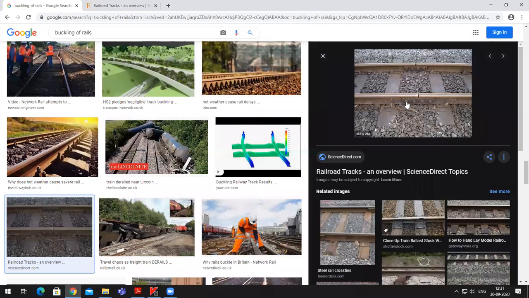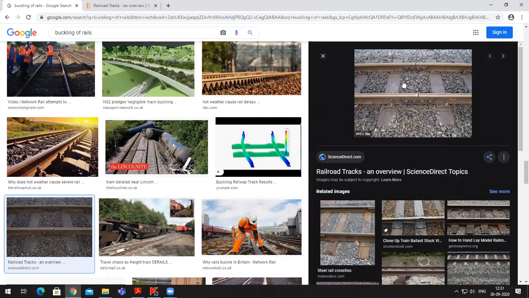Normally when two such rails are to be joined with each other with the help of the fish joint system, you need to provide a certain gap between rail A and rail B. The reason why we need to provide this gap is to allow expansion and contraction.